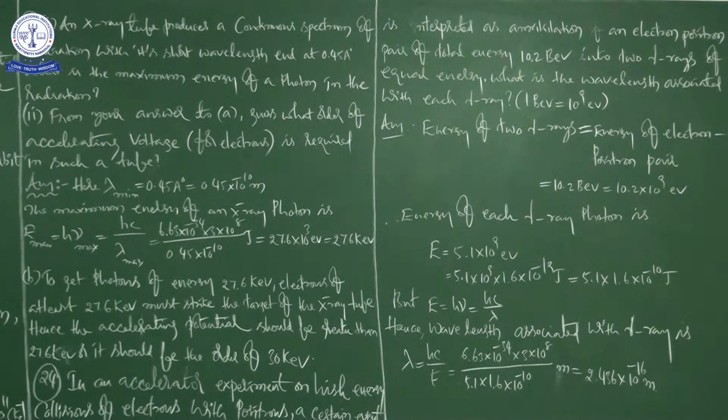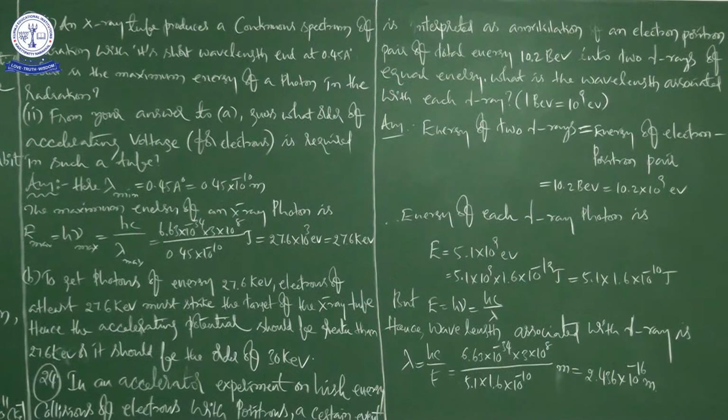And the second one, from your answer to A, guess what order of accelerating voltage for electrons is required in such a tube, right?